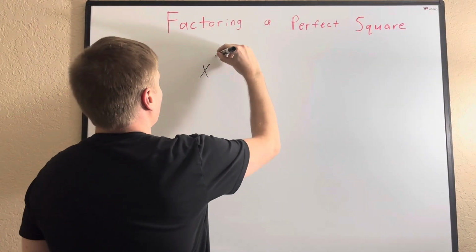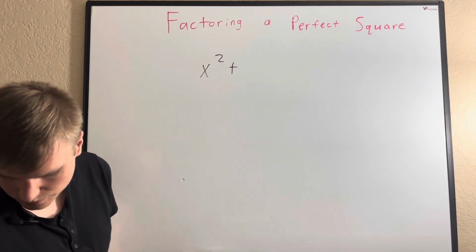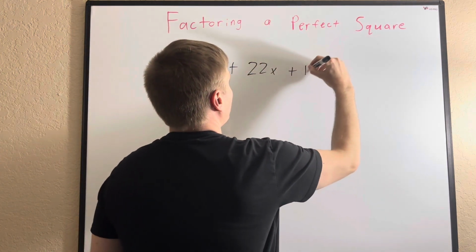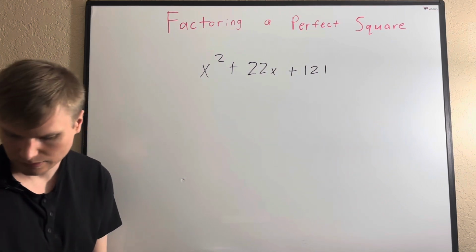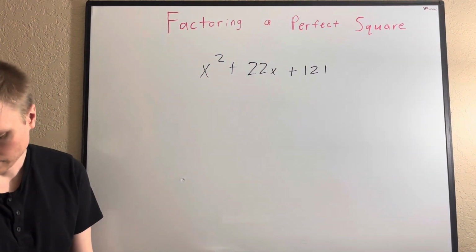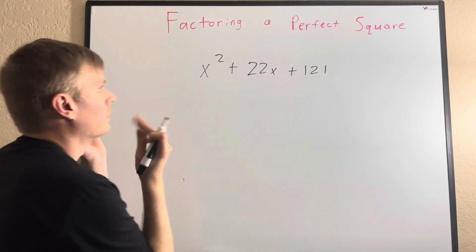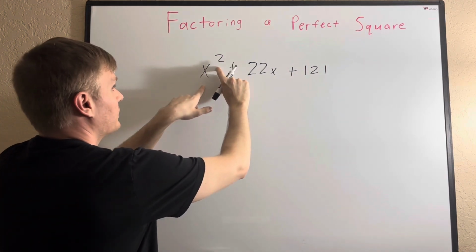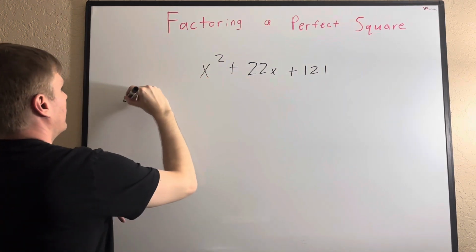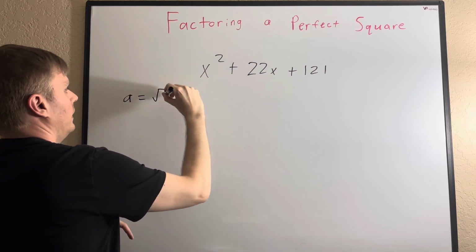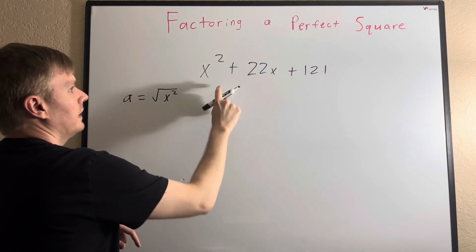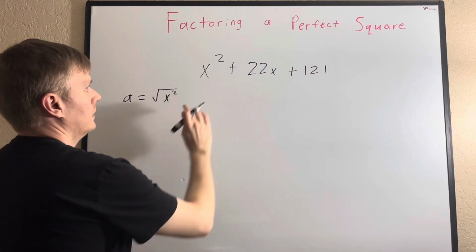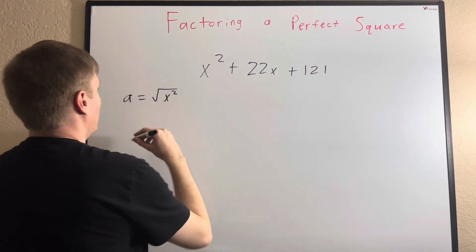x squared plus 22x plus 121. First thing, check to see, can we take the square root of this? Yes. A equals the square root of that leading term in this trinomial.